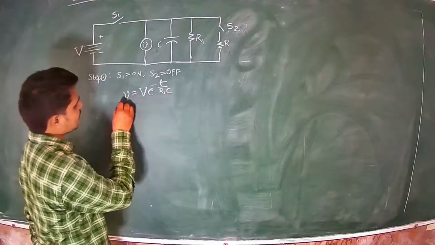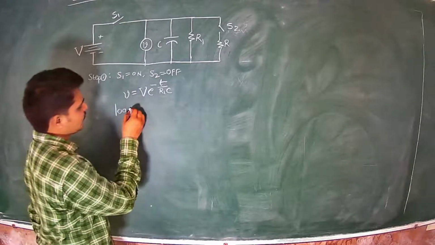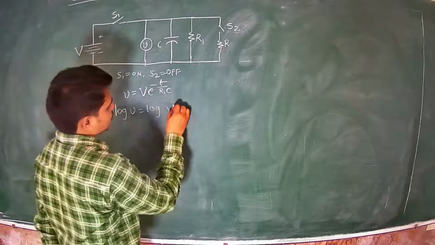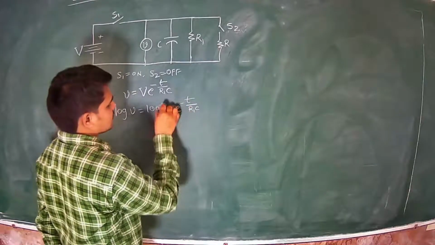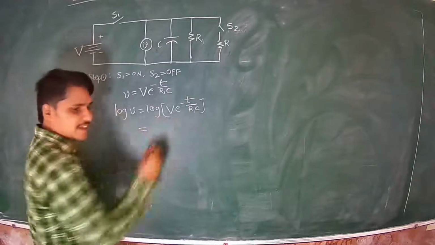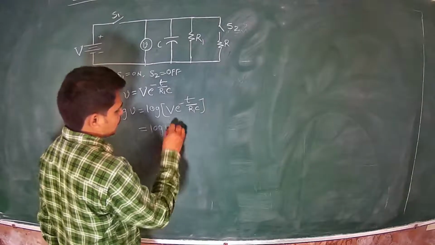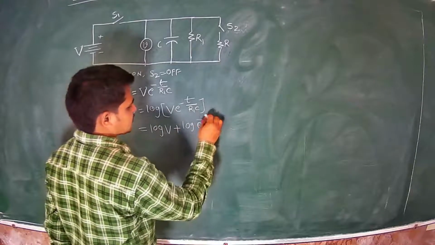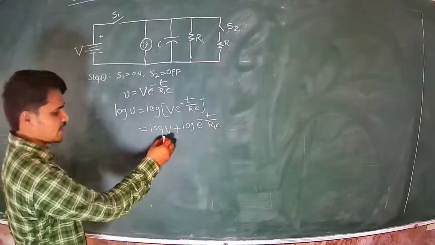So now apply the log on both sides. So log v equals log V e to the power of minus t by R1 C. Now here log AB is written as log A plus log B. So log V plus log e to the power of minus t by R1 C. So I am bringing this log V to the LHS.